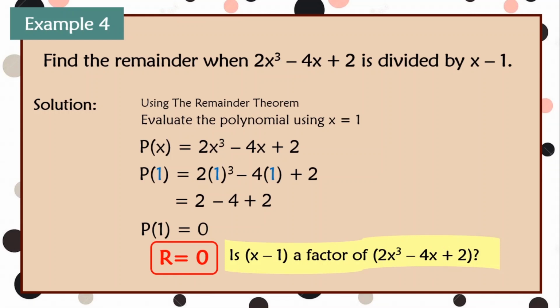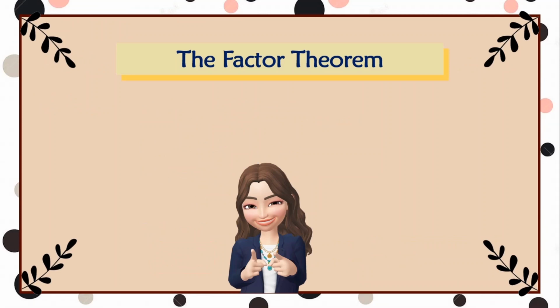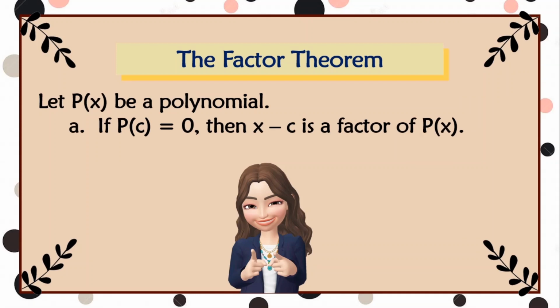Since the remainder is 0, the question is: is x minus 1 a factor of 2x cubed minus 4x plus 2? The answer is yes, and that will be proved using the factor theorem. The factor theorem states that if p of c is equal to 0, then x minus c is a factor of p of x.